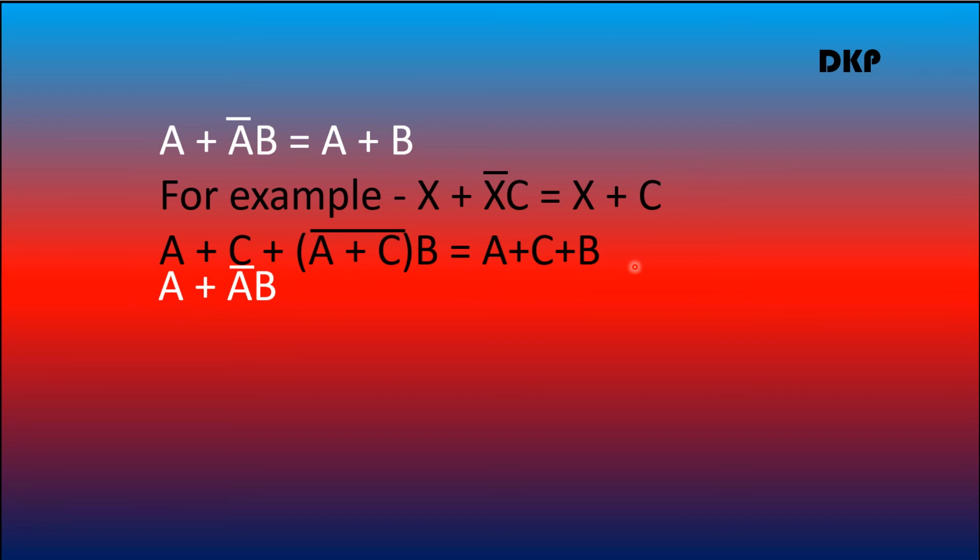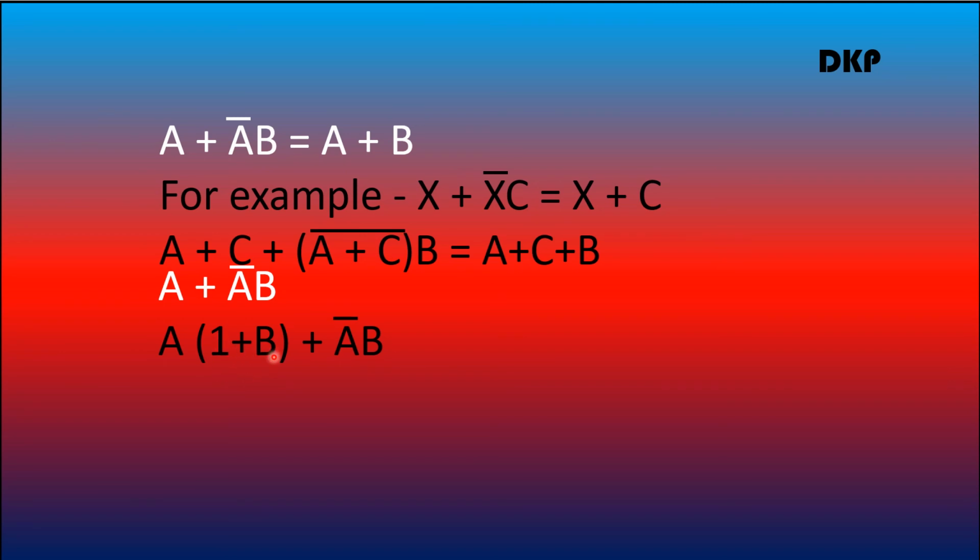Here A plus A bar B, this A plus A bar B is written here. A plus A bar B can be written as A into 1 plus B plus A bar B. How? 1 plus B is nothing but 1 itself. Any variable added to 1 is 1 itself.